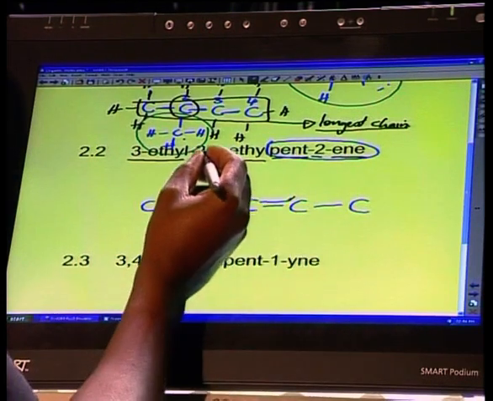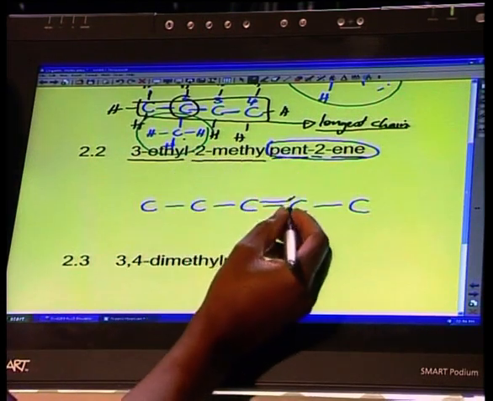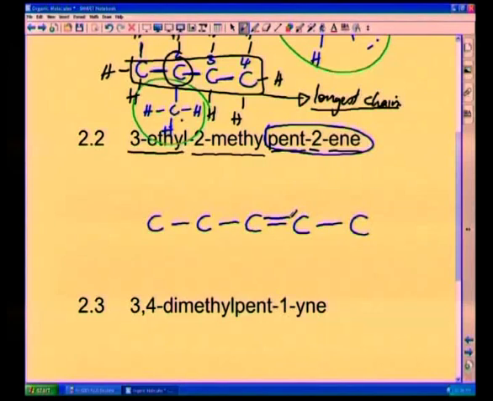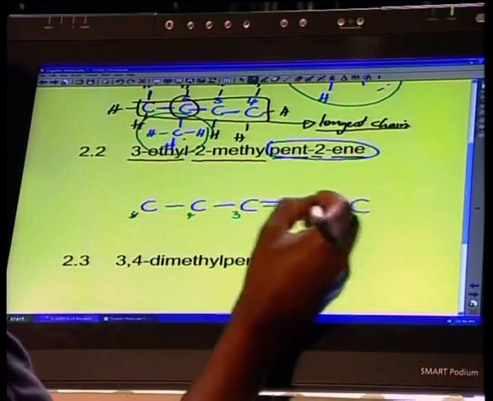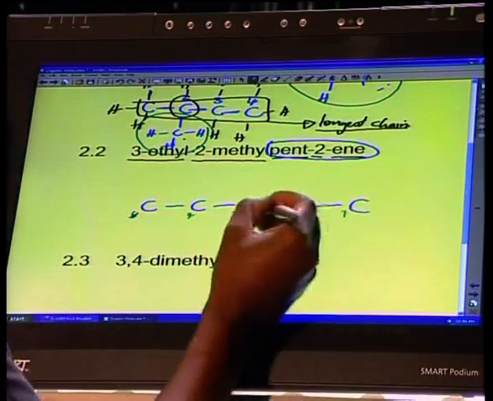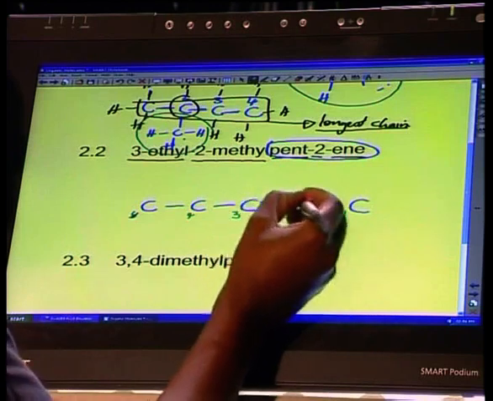Then it says 2-methyl. So remember, this is now carbon number 1, carbon number 2, number 3, number 4, number 5. And I've started counting from there because I put my double bond this side. So I must start counting my carbon atoms closest to my double bond.